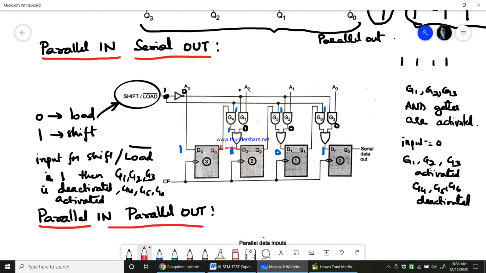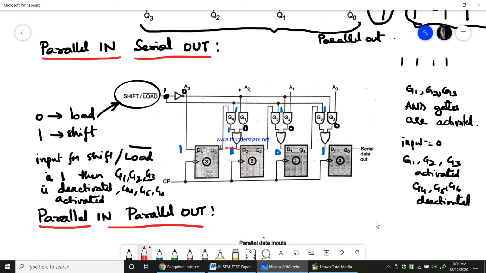So this is the diagram of parallel in, serial out, and whatever I have explained till now is how the particular gate works. My suggestion, if you couldn't understand the explanation in one listen, please rewind the video and listen again slowly so that you will be able to understand the explanation.